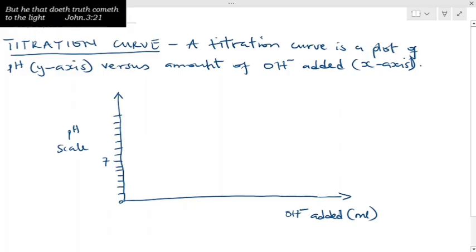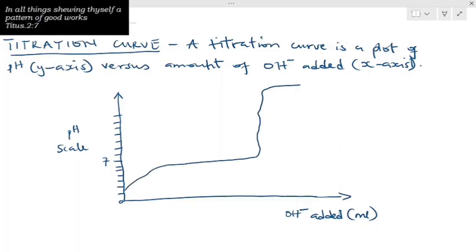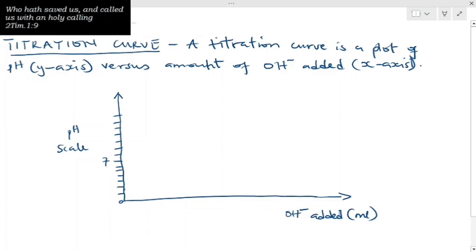Let me sketch that again. The pH begins to rise from the acidic medium following a path, something like that.